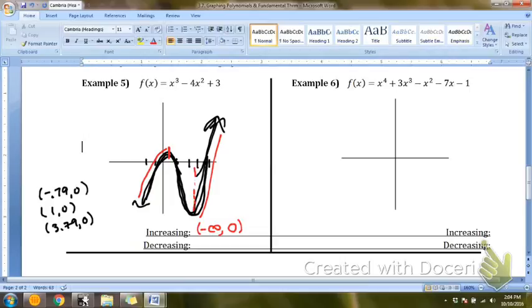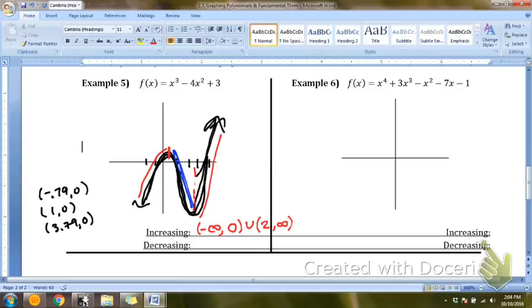So again, it could be up to you to decide where it stops increasing or starts again, based on what you think the graph looks like, because these are going to be really small numbers. So we could argue that's at 1.5 or it's at 2. As long as your graph matches your increasing and decreasing, that's what I'm going to be concerned with.